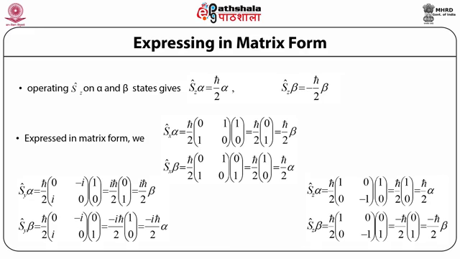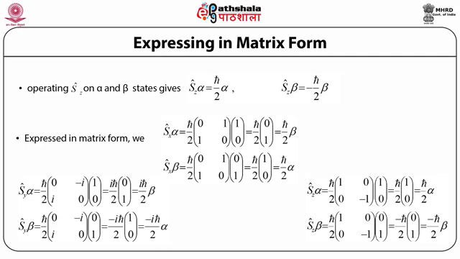Similarly, when the y component of the spin vector operator Sy acts on eigenstate beta, that is the spin down state, it gives the value h cross by 2 times the 2 cross 2 matrix 0 minus iota, iota 0, times column matrix 0 1, and this is equal to minus iota times h cross by 2 column matrix 1 0, and this is equal to minus iota times h cross by 2 alpha.